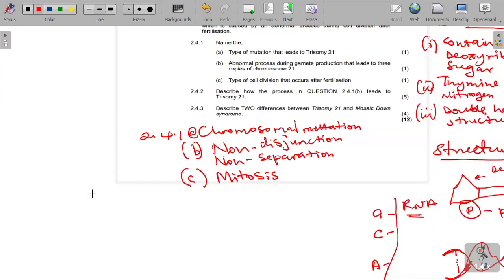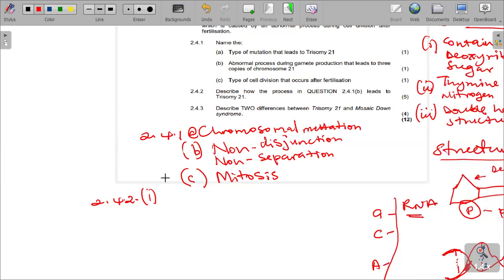Describe how the condition leads to trisomy 21. What happens there, I can just list the stages here, which is saying how do we have trisomy 21.